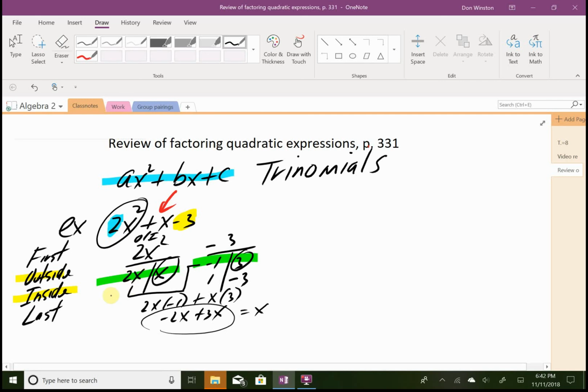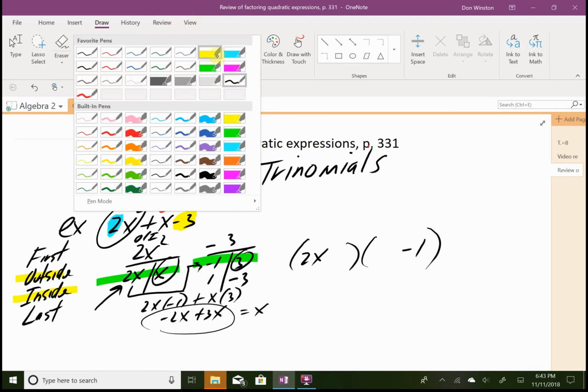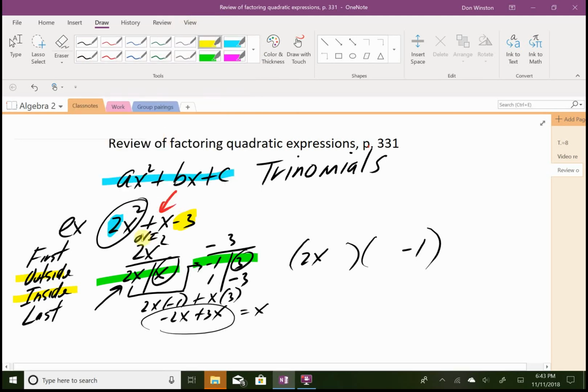Now we have to write our two binomials. Here's my 2x, and that says I need to multiply by negative 1. Those are my outside terms, 2x times negative 1. And then here's my inside term. Again, we're focusing on this, OI.